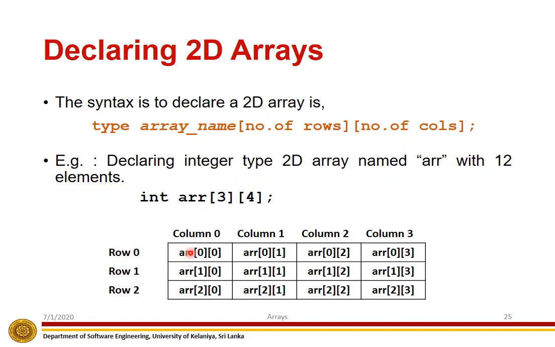Here you can see the representation of the array: row 0 and column 0, so the index of this element is ARR[0][0]. Row 1, column 1, then the index of this element is ARR[1][1]. Like that we can store 12 elements in here, 3 by 4, 12.